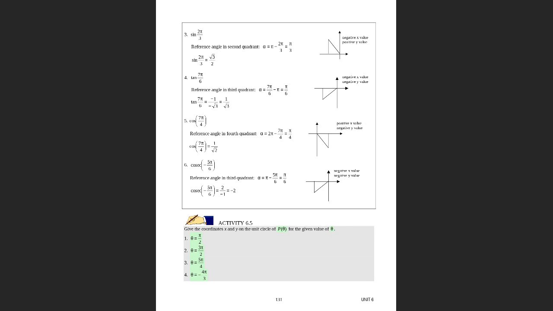Who can help me here? Who can help us here?